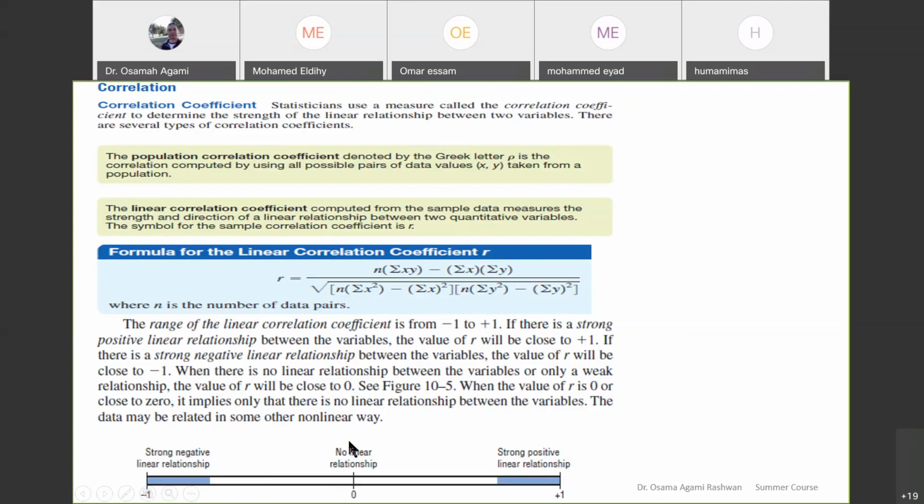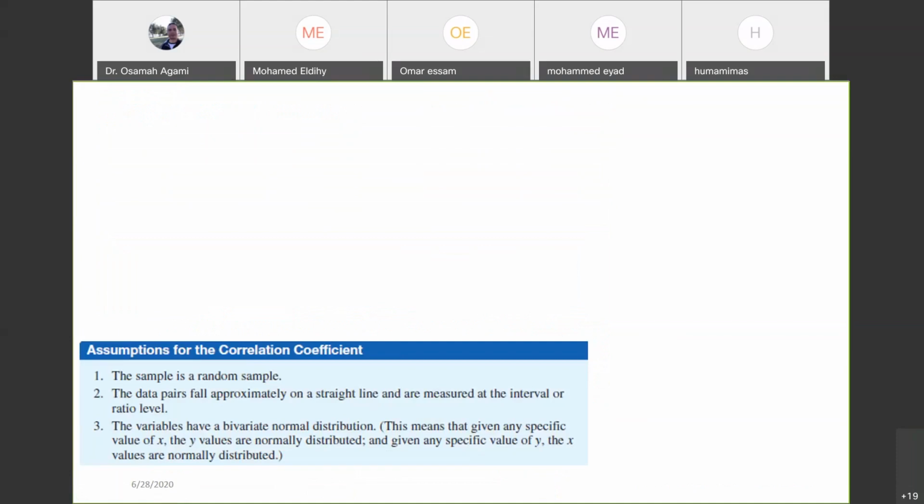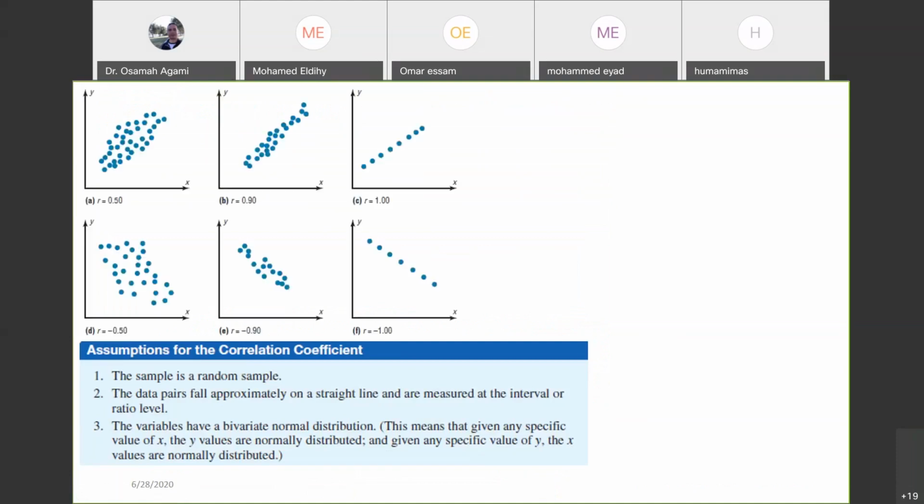Can I determine the values to say it is weak, moderate, or strong? Yes. They agree that from 0 to 0.5, it will be a weak positive relationship if it is positive, and a weak negative relationship if it is down to minus 0.5.